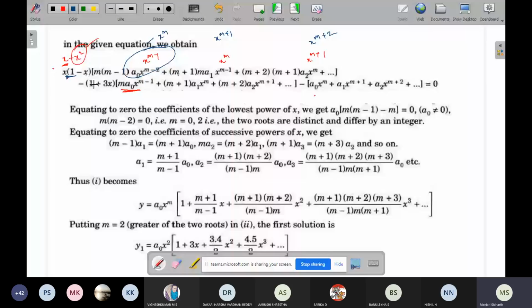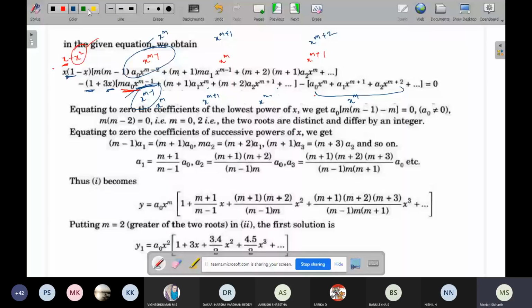So the lowest power is x^(m−1) only, here x^(m+1). Let's multiply by 3x. The lowest power will be x^m, then x^(m+1), x^(m+2). So overall, from all these terms, the lowest power is x^(m−1).